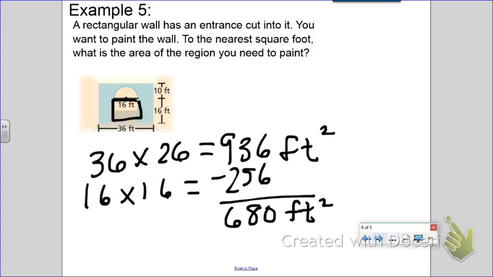Then I need to subtract out a half of a circle, which is pi times the radius of 8 squared, which is approximately equal to pi times 64, 201.06.